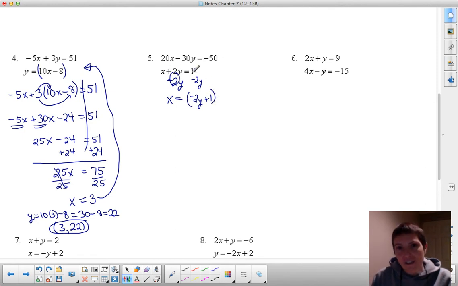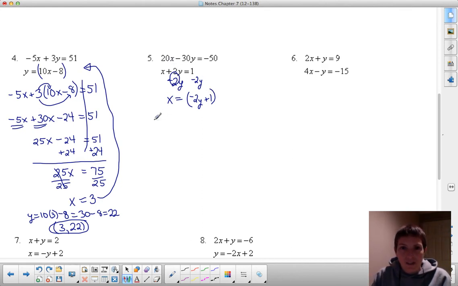I changed the second equation, so I need to go back into the first equation and make the substitution, or plug in the quantity. Remember that when you do that, you take the x out and put the quantity in.